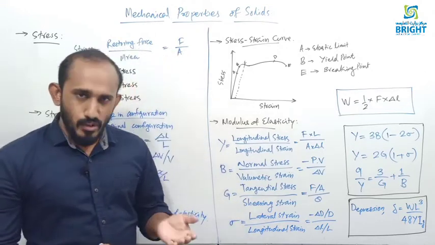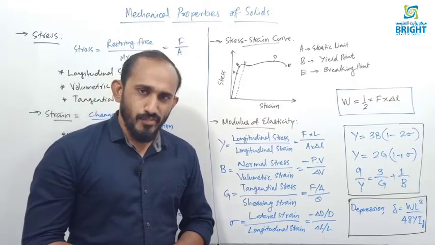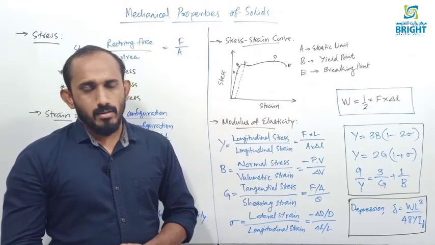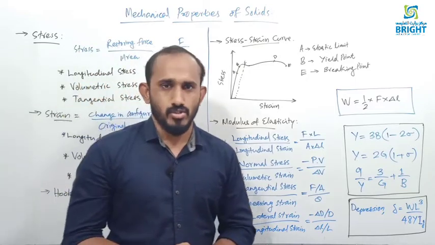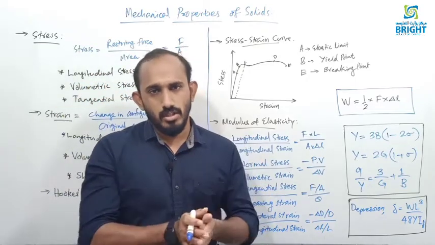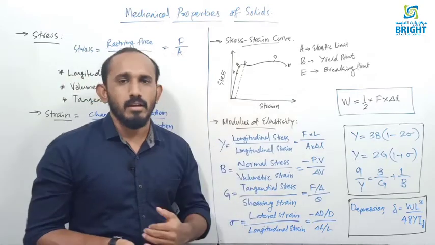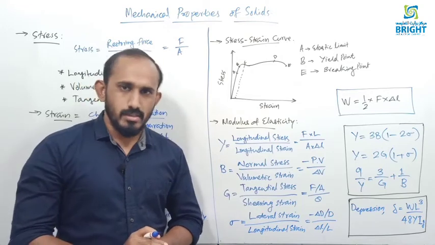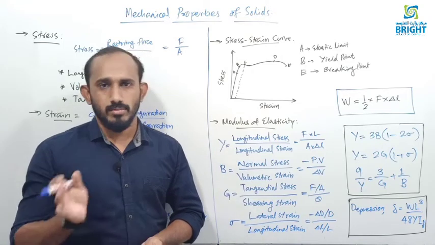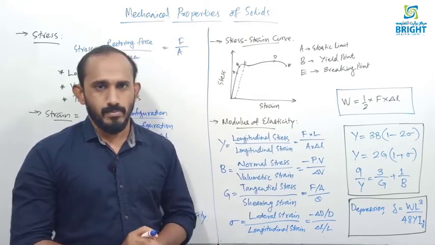Or if on removal of the deforming force the solid body retains its original form, then we'll call it elastic. So plastic and elastic, these two terms come under the effect of the deforming force. So solids mainly we can classify into two types, elastic and plastic.